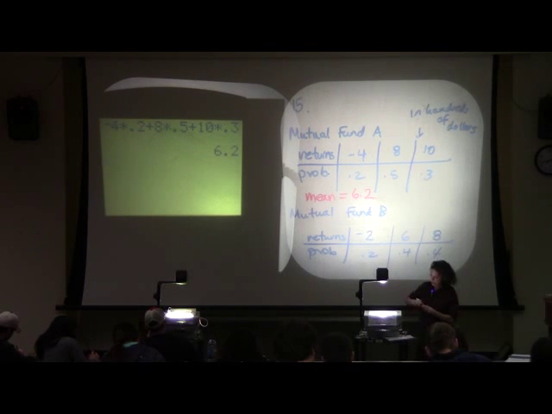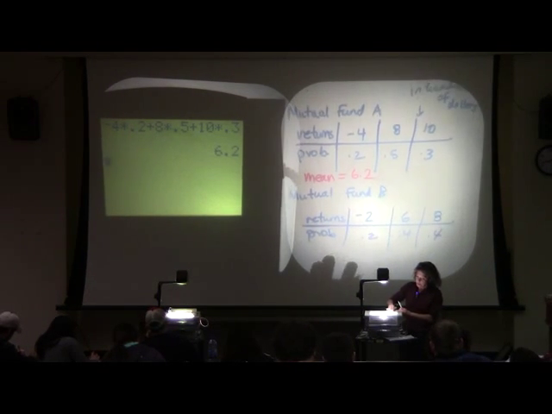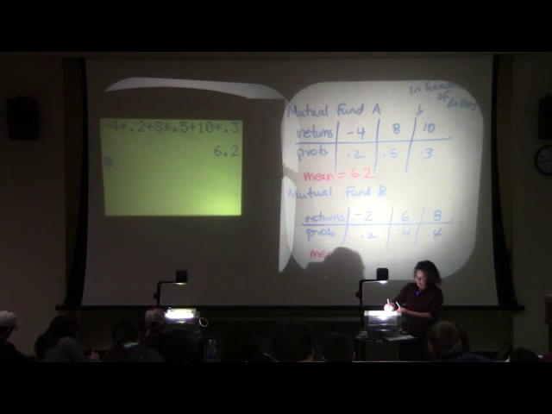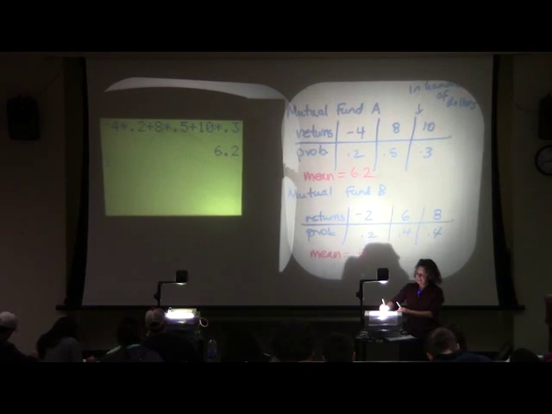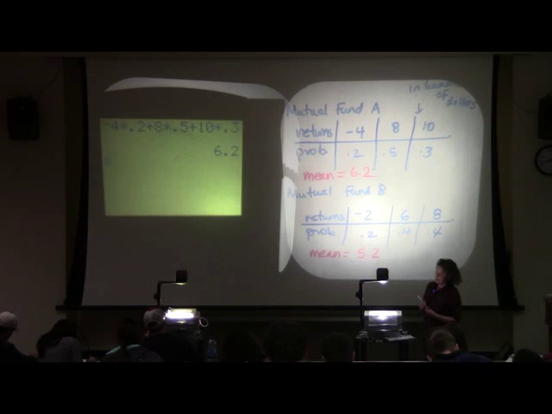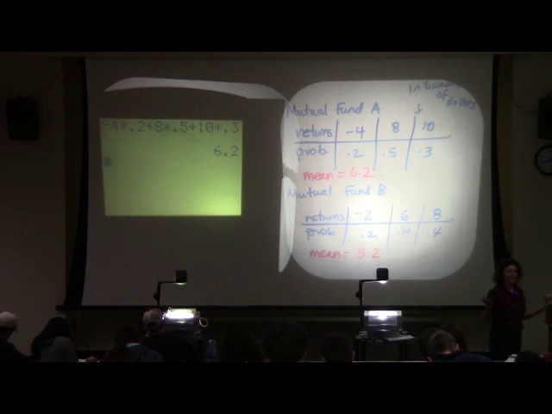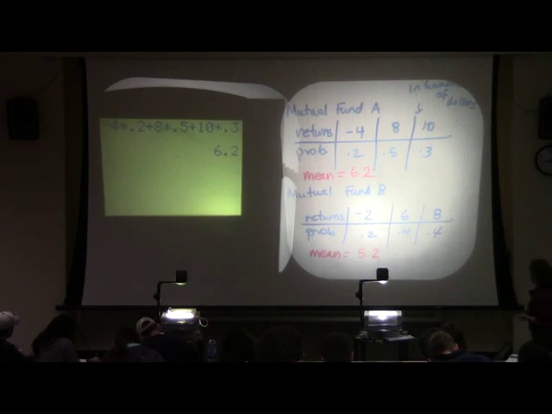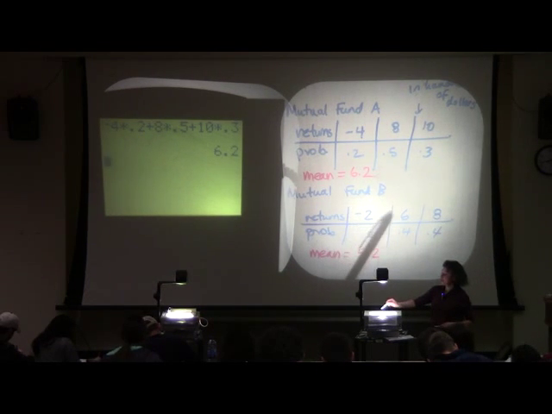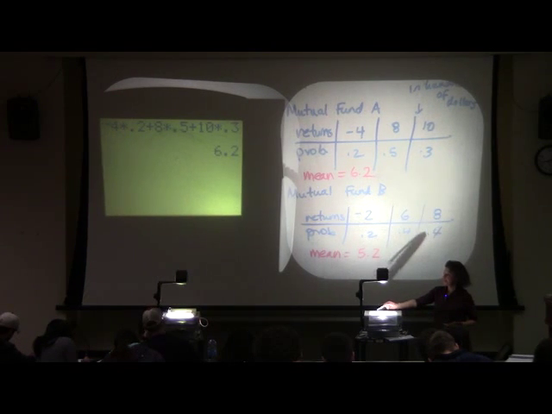Now, we can do the exact same thing with mutual fund B. And I claim you're going to get 5.2. I've done the computation. You would do it the exact same way. -2 times 0.2 plus 6 times 0.4 plus 8 times 0.4.